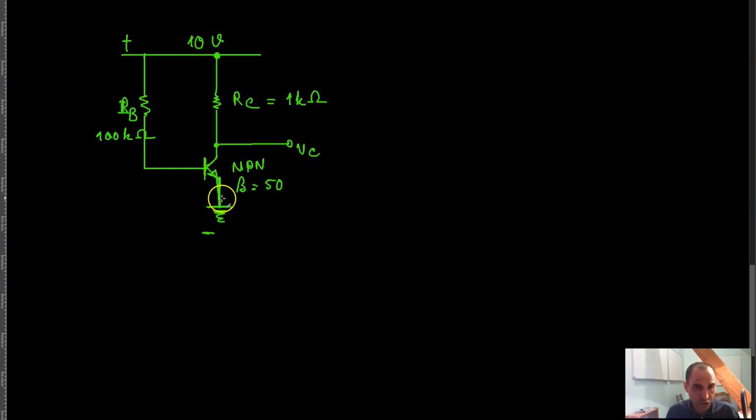The 10 volts are across the collector emitter junction of the transistor and across this resistor over here. This V of C is actually the voltage across the collector emitter junction of the transistor, meaning that when you calculate V of C, you're actually calculating the collector emitter junction voltage of the transistor.